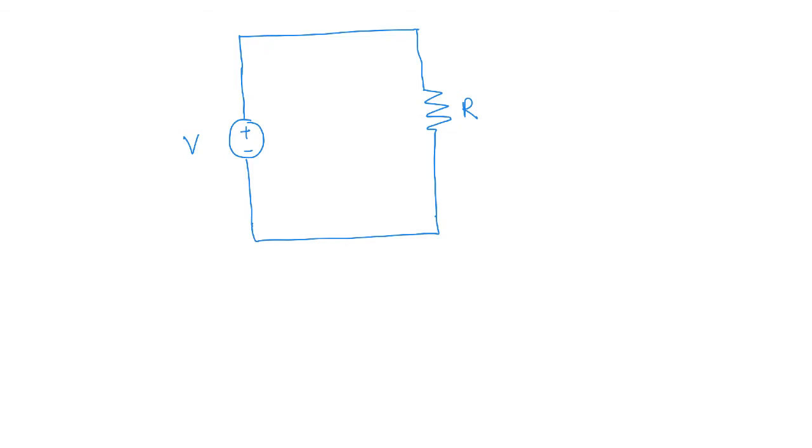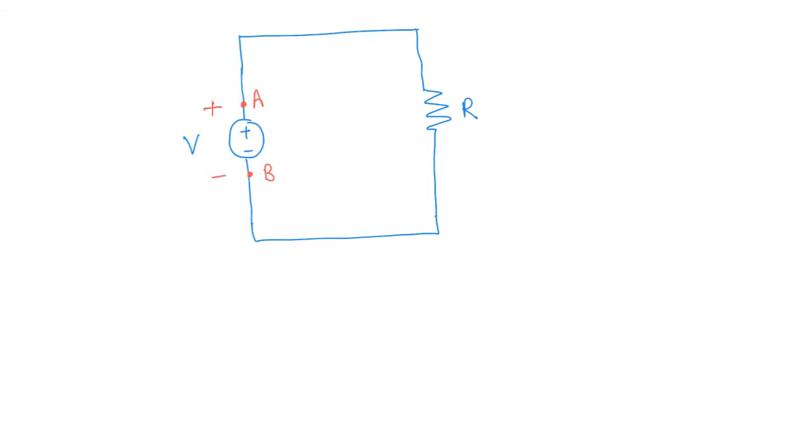Now, if you look at the top part of this voltage source and the bottom part of this voltage source, let's call these points A and B. The voltage source is maintaining a voltage difference between point A and B. And A is the more positive point and B is the more negative point.